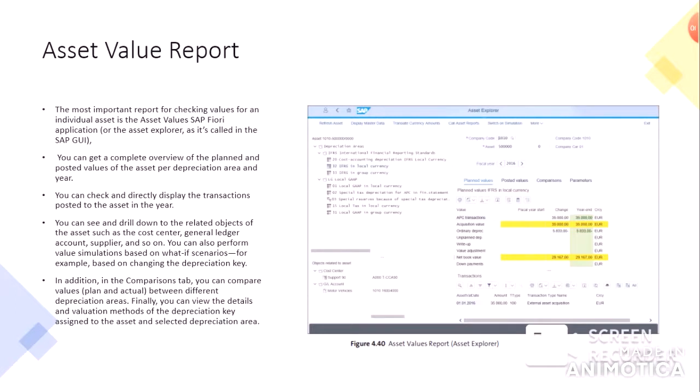You can check and directly display the transactions posted to the asset in the year. You can see and drill down to the related objects of the asset such as cost center, general ledger account, supplier, and so on. You can also perform value simulations based on what if scenarios, for example, based on changing the depreciation key.